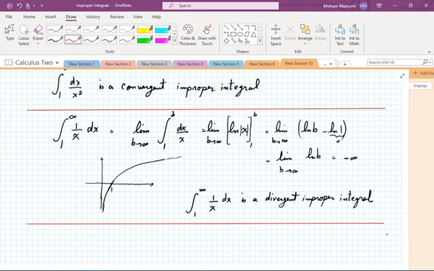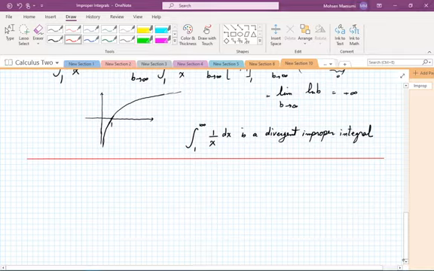So we had these two cases. Of course there are many other cases we could consider, so the question might be evaluate.